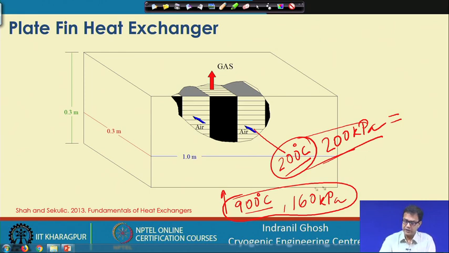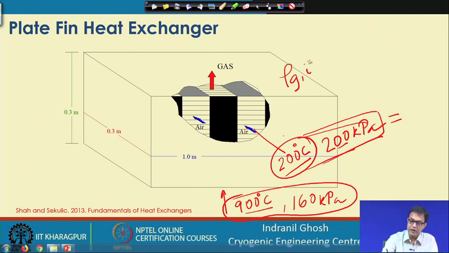Both of them are basically nothing but air, but we are calling one air and the other gas. Here, to find the density of air at 200 kPa, we can consider it to be an ideal gas and use the PV = nRT relation, the ideal gas law.